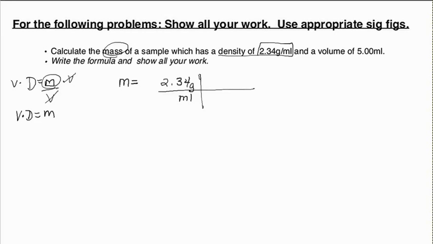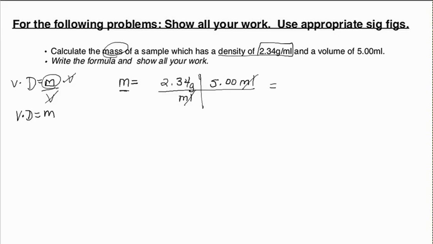So your 2.34 grams per milliliter times the volume, which is 5.00 mL. Okay, now if you set it up properly and you put your units in, then you see that your milliliters will cancel. And your answer is going to be in grams, which is what mass is.